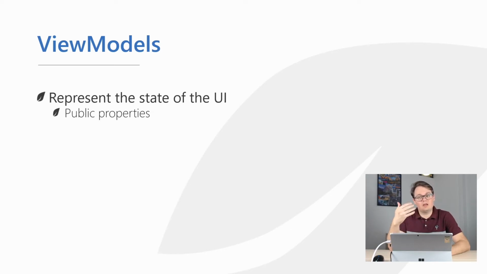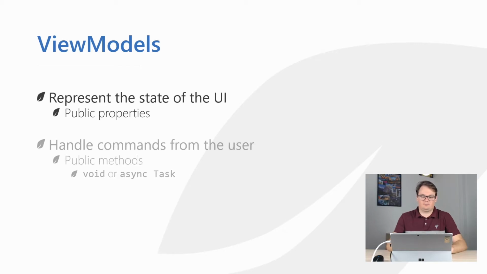So every piece of information that is dynamic in the page and that somebody, not only the user, even somebody else, can change has to be represented in the view model, and it should be public properties. It's important for DotVVM that these properties are public, and they have to be properties, not fields.